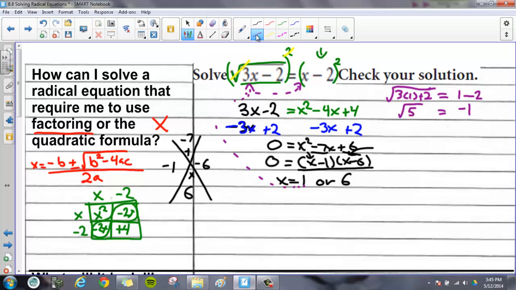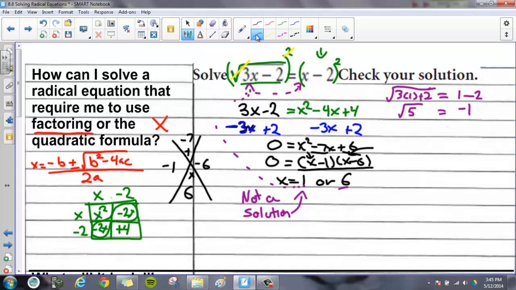Is the square root of 5 equal to negative 1? No way. So that can't be a solution. This is not a solution. Okay, let's try the other one.